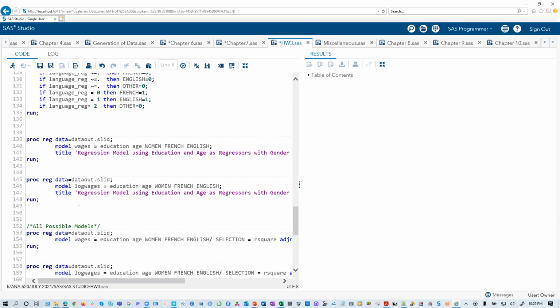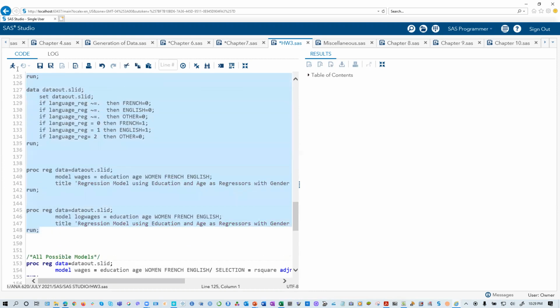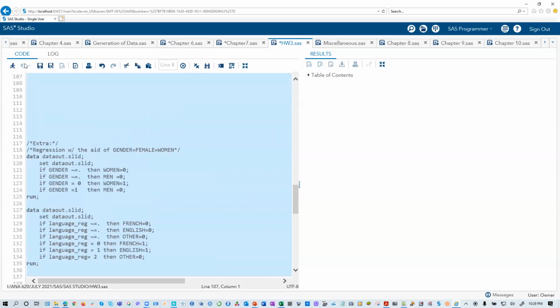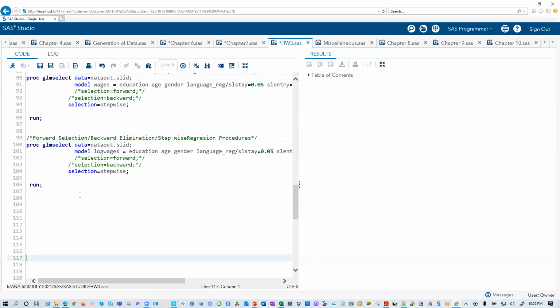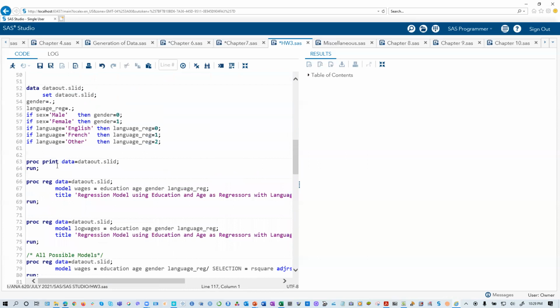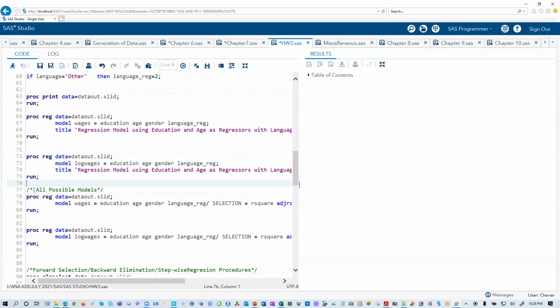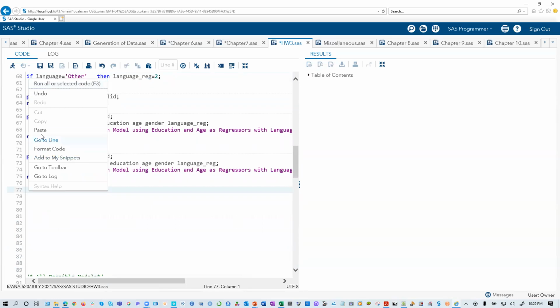Okay, what I'm going to do is get these two, and then copy and paste here. If you want, you can run it that way too. Okay, here. Right after this one, before we come to all possible methods, get this one this way.